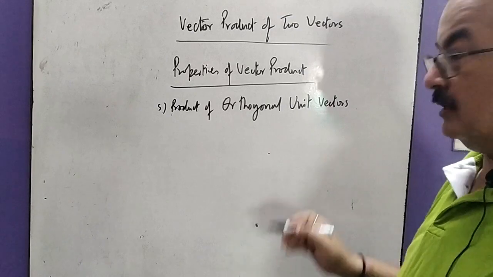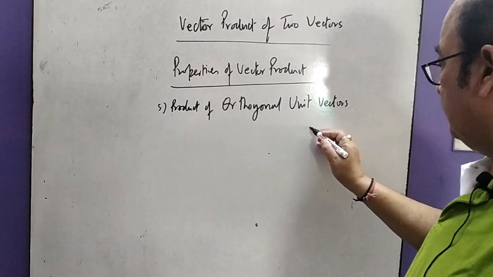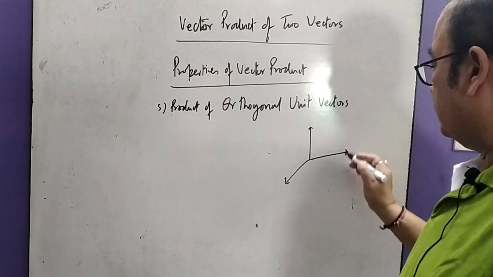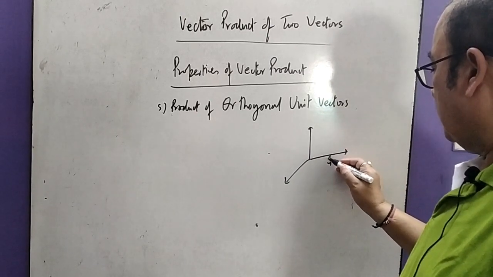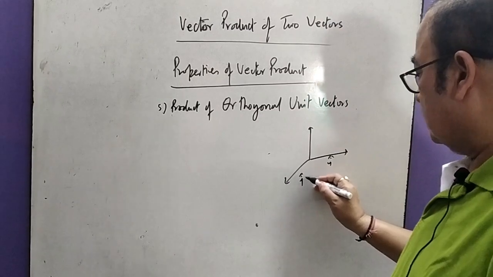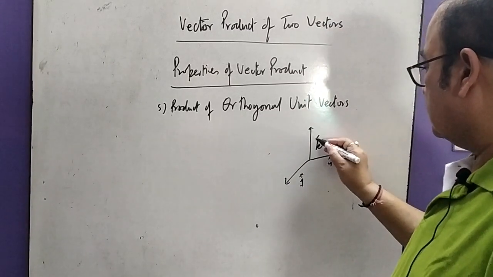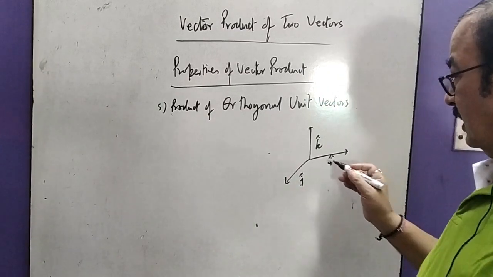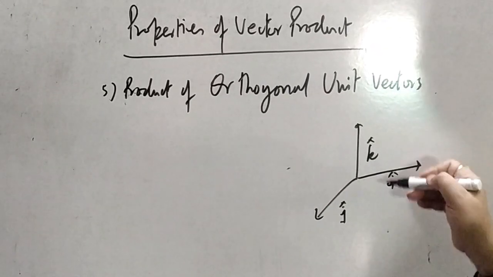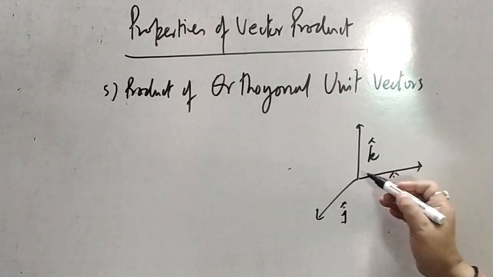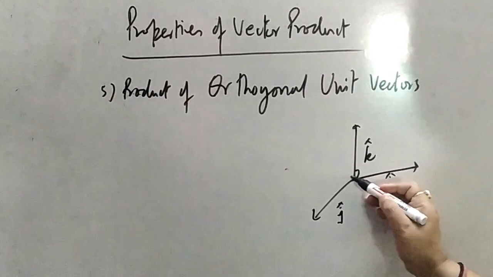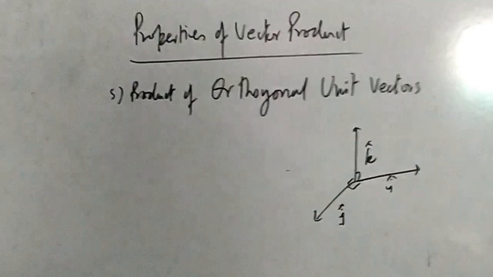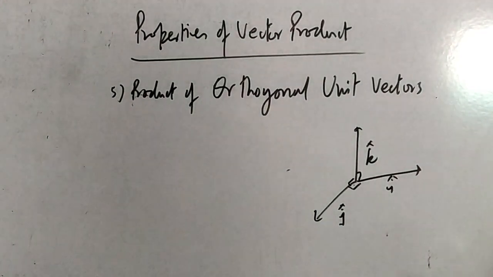In previous lectures, you have been told about the orthogonal unit vectors like i, j, and k. This is small i, small j, and small k. Along x-axis, it is i unit vector. Along y-axis, it is j, and along z-axis, it is k. They are always mutually perpendicular to each other. Okay. This we call the product of orthogonal unit vectors.